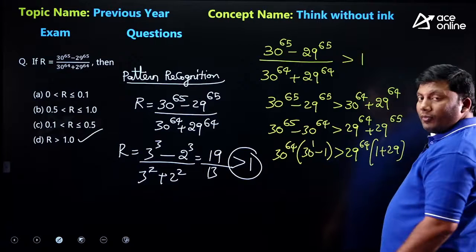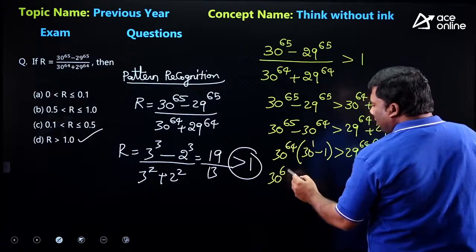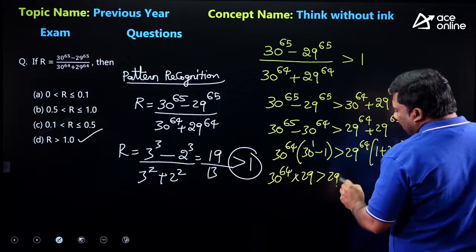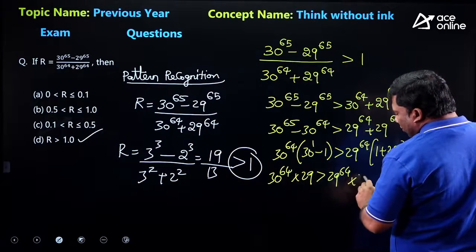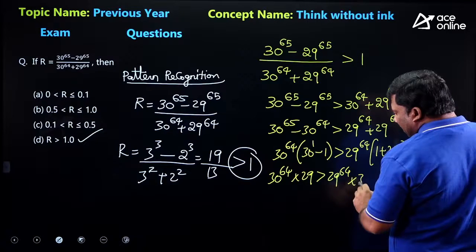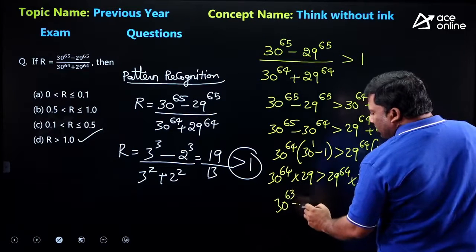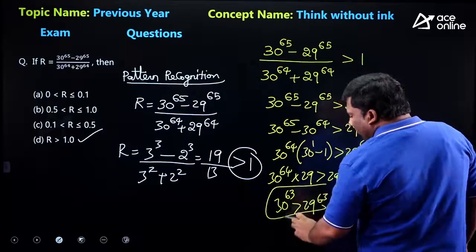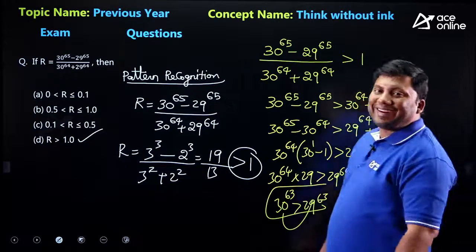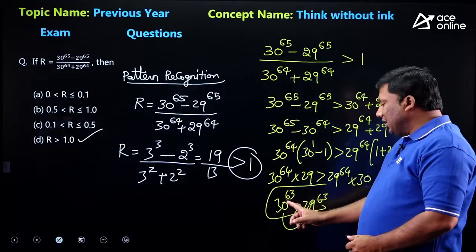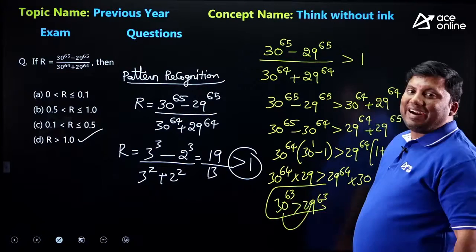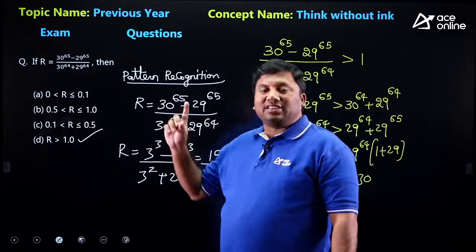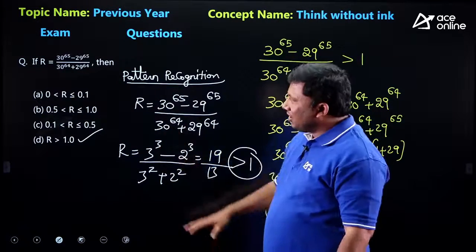So this will be 30 power 64 into 29 greater than 29 power 64 into 30. So the answer for this question is 30 power 63 greater than 29 power 63. If the powers are the same, 30 is greater than 29. Definitely 30 power 63 is greater than 29 power 63.